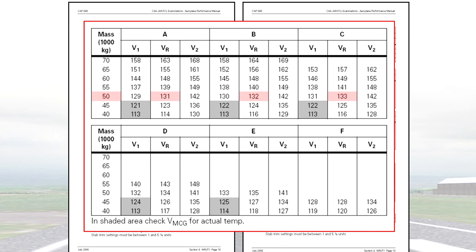In modern airliners, VR is calculated not by looking at the speed tables, but it will be computed by the aeroplane once the relevant data is inserted into the flight managed computer or multipurpose computer display unit.